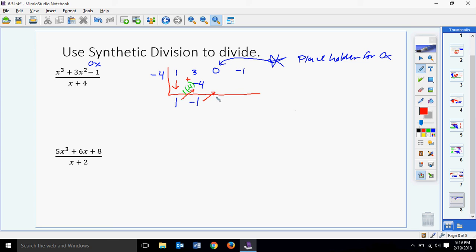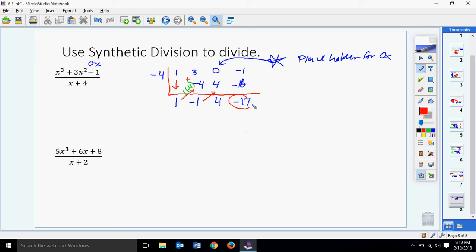I'm going to go diagonal. I'm going to take the negative 1 times a negative 4, which will give me a positive 4. Now I add 0 plus 4. I'm ready to go diagonal. I'm ready to multiply. 4 times negative 4 is negative 16. Add these, negative 1 plus negative 16 would be negative 17.